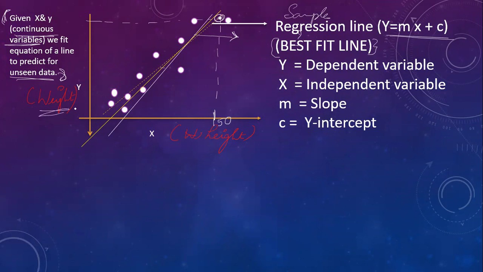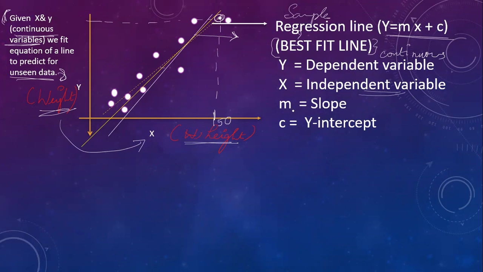This weight is dependent on height. That's why we call it the dependent continuous variable. And x is the independent variable, so it is a feature. Height is not dependent. That's why it is called the independent variable. So y is the target, x is the feature.